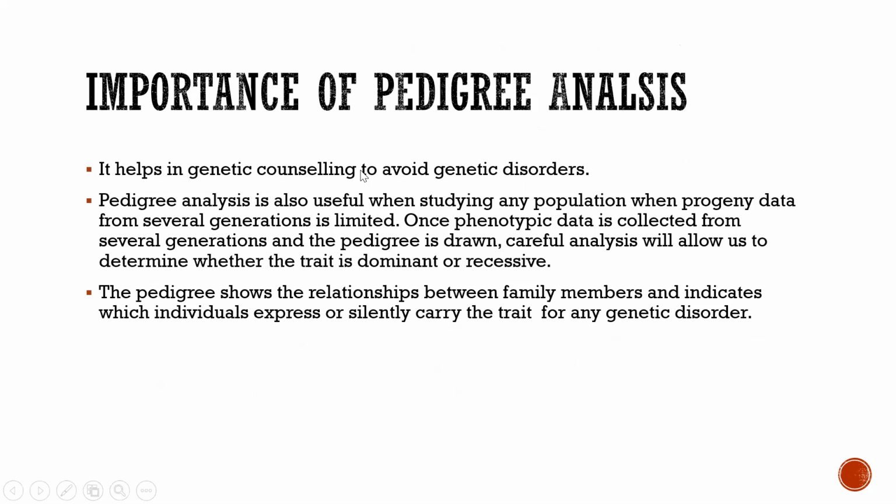It helps in genetic counseling to avoid genetic disorders. If it is understood through the pedigree analysis that there is a chance of occurrence of a genetic disorder, it can be avoided by analyzing the pedigree, that is, the family tree.